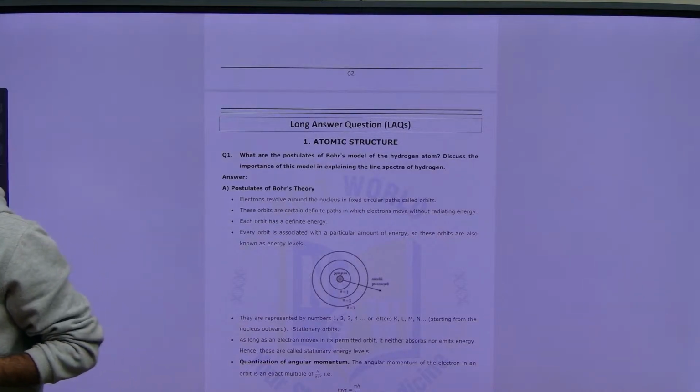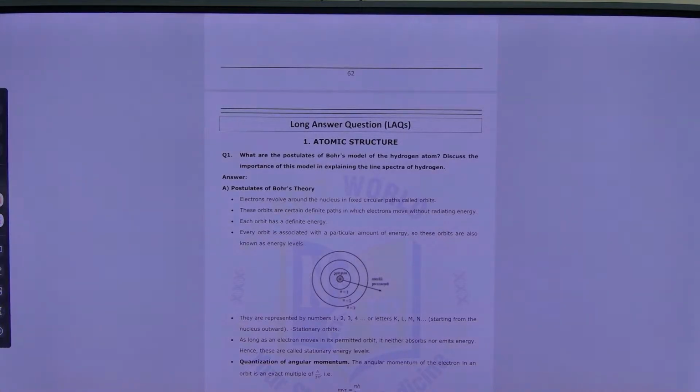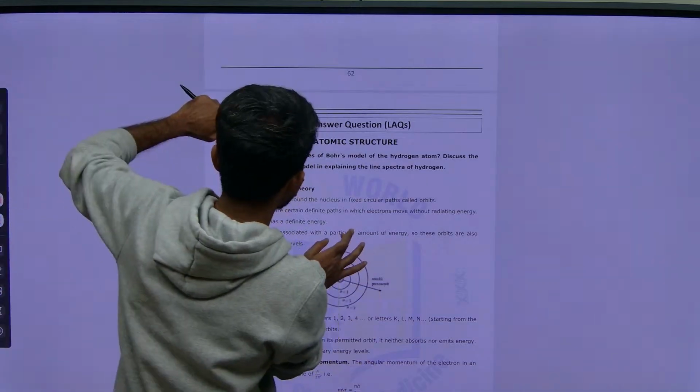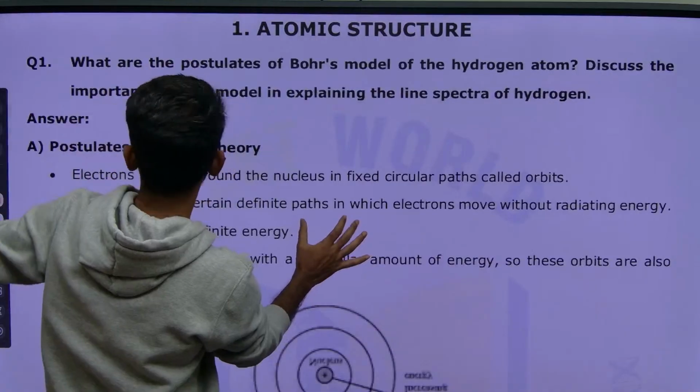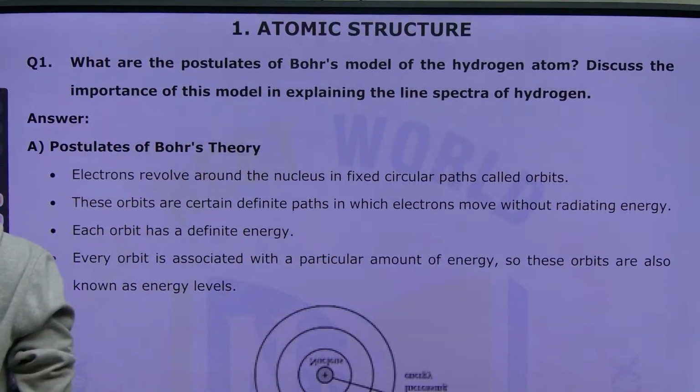I hope it is clearly visible. If not, just mention it in the chat box. Let me zoom it in. Yes, now it is clear, right?